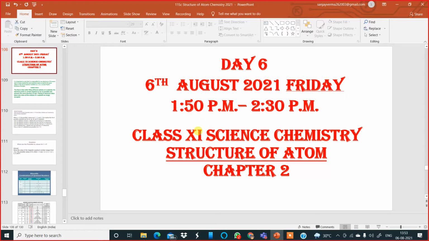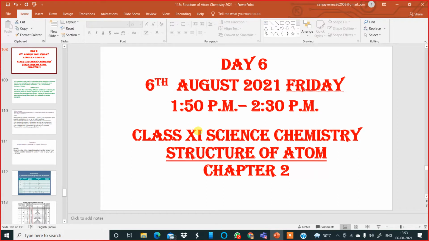The principal, azimuthal, and magnetic quantum numbers are interrelated, but the spin quantum number is independent of the previous three. That was what I had explained in the previous class.